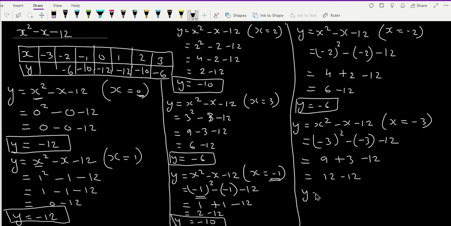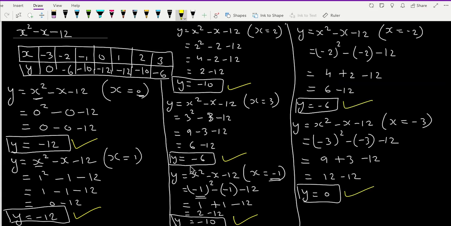So y is equal to 0 for the value of minus 3. So here we got the values. These are the values which we got. So this is our first value, second, third, fourth, fifth, sixth and seventh.